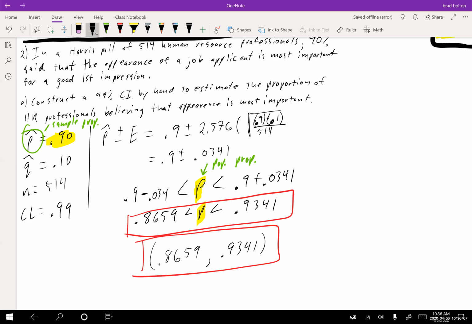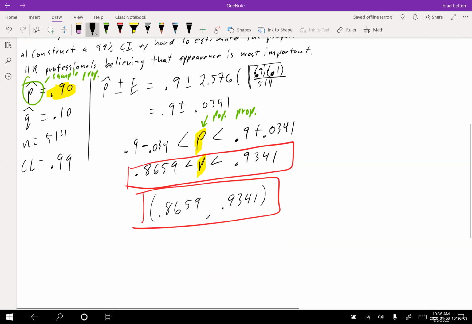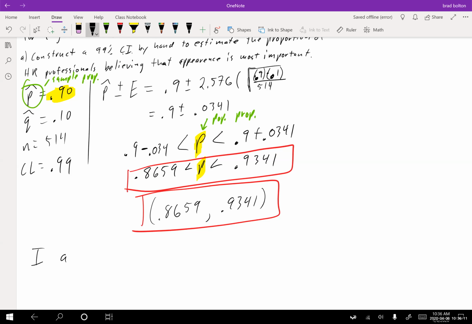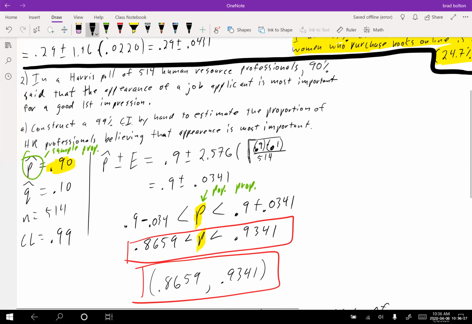Okay. Now we could then follow this up and say, I am 99% confident that the true population proportion of, and then we read the question. What was the question?